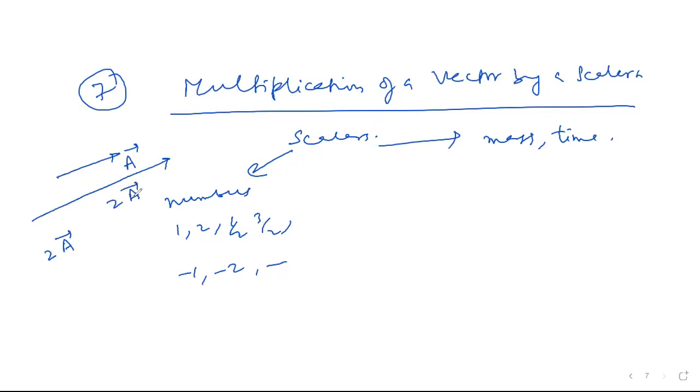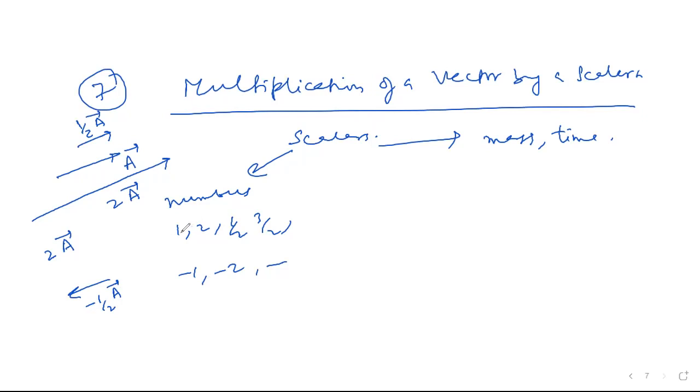So rule is, if you multiply a vector by a number which is positive, the resultant quantity is a vector in the same direction, but that number scales the magnitude of the vector. Half A is similarly directed as A, but it has half length, right? If you find minus half A, it has half length as A, but it is oppositely directed with A.